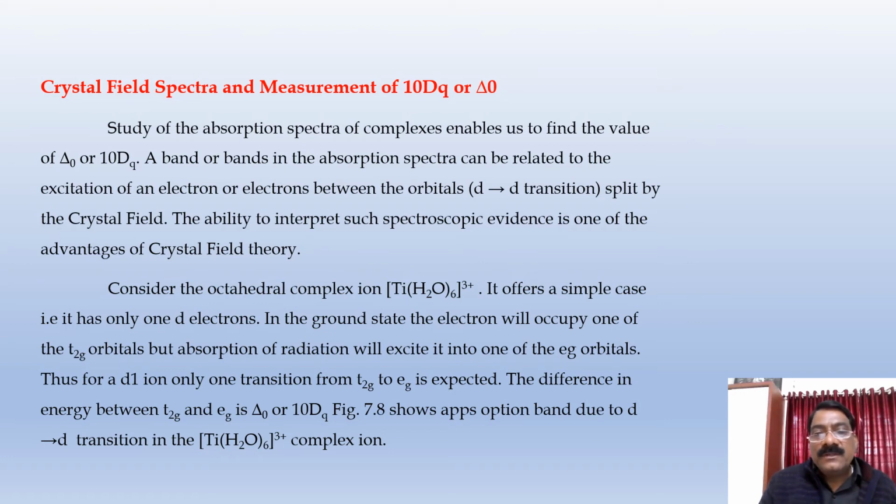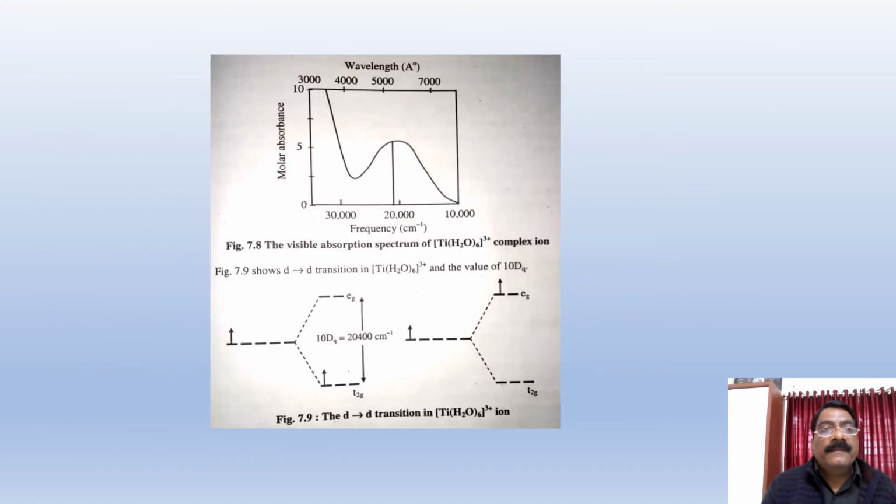The figure shows the absorption band due to d-d transition in the [Ti(H2O)6]3+ complex ion. See here, we have the plot of molar absorption versus frequency, and we can get this type of spectrum, which is the visible absorption spectrum for this complex.